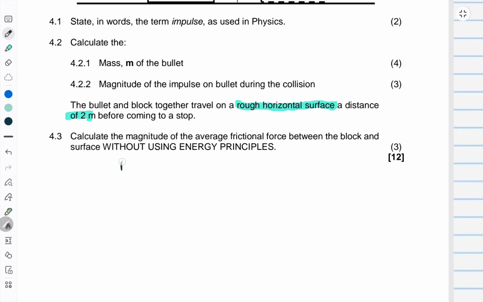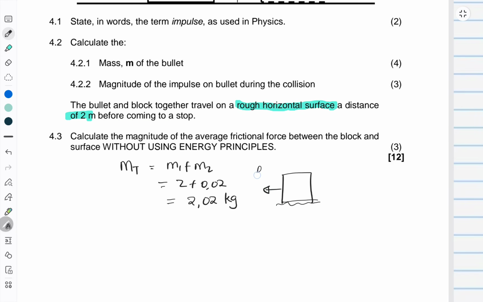First of all, we know that our total mass will be the mass of the bullet plus the block, m1 plus m2, which will be 2 plus 0.02, that is 2.02 kilograms. Okay, start there. Now once the bullet and the block are moving on a rough surface, the only force acting there is the frictional force, the kinetic frictional force.